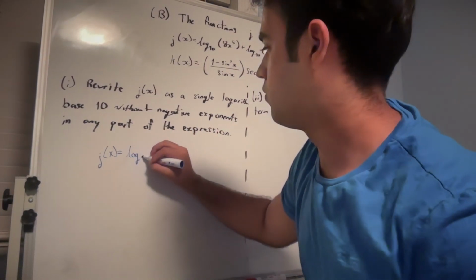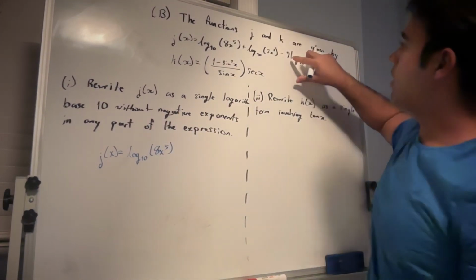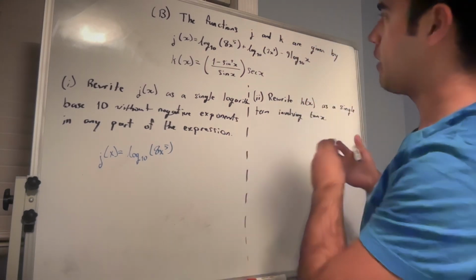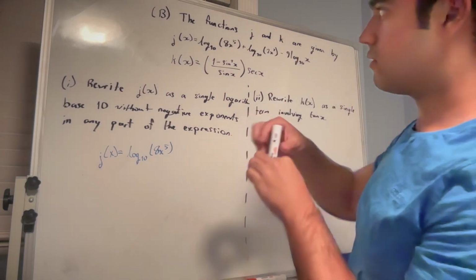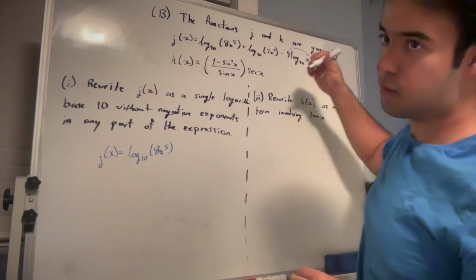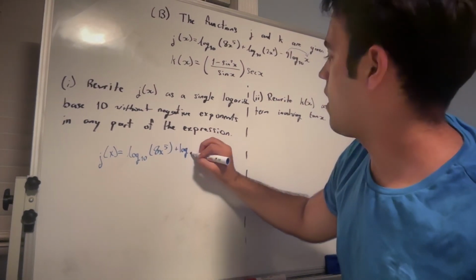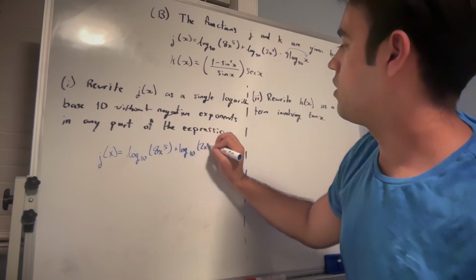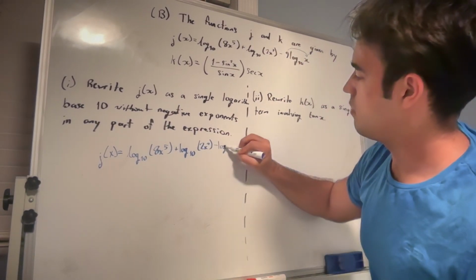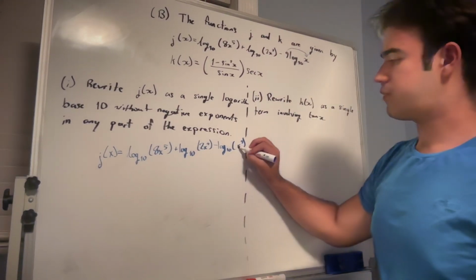So I know that if I'm multiplying anything by a logarithm, I can move the 9 basically to be the power of the argument of the logarithm. So what I'm saying is that I can move this 9 to be log base 10 of x to the 9th power.